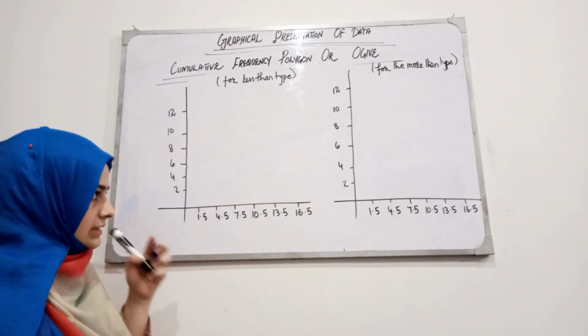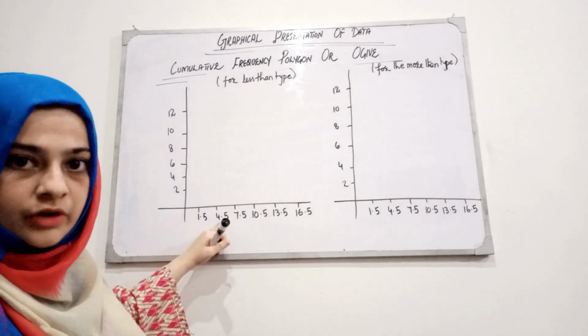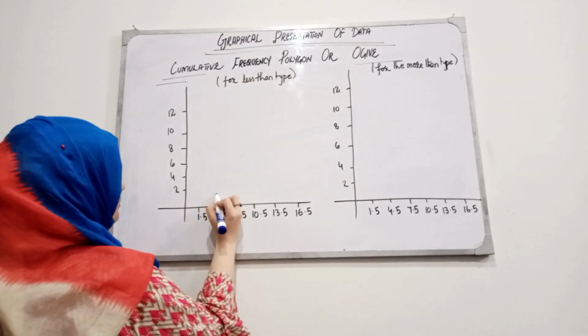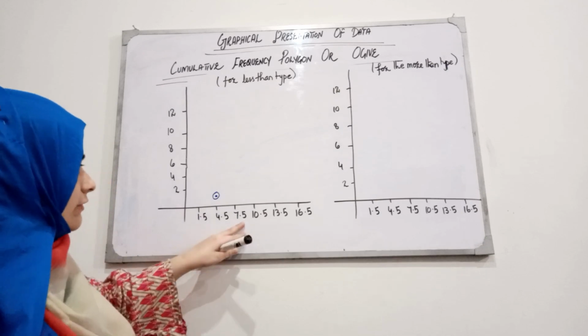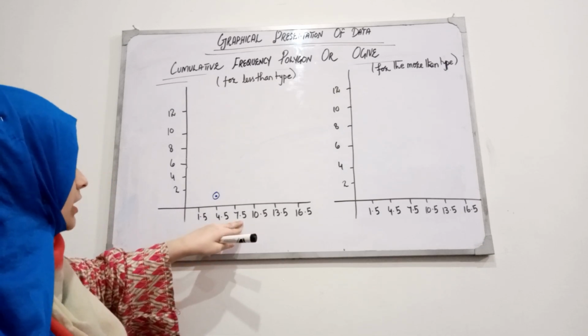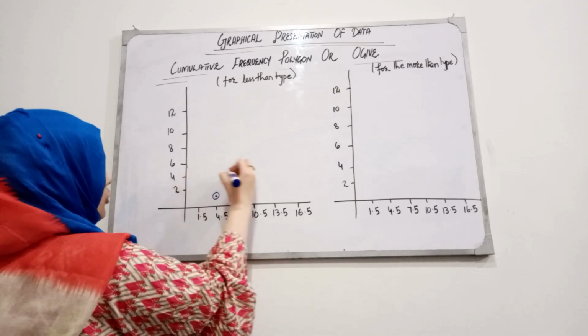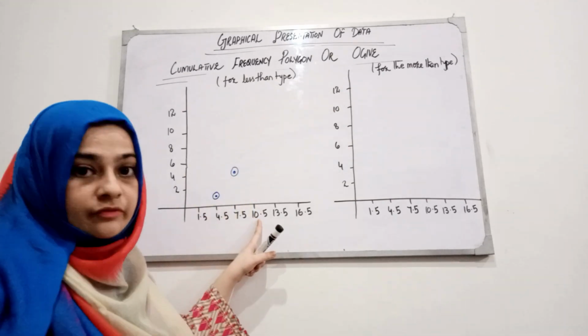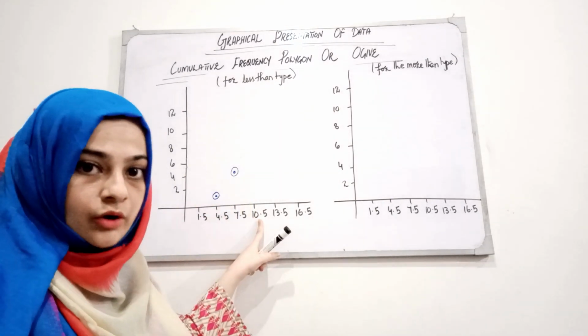The first class is less than 4.5 and it has a cumulative frequency of 1. Then 7.5 has the cumulative frequency of 4. Then 10.5 has the cumulative frequency of 9.